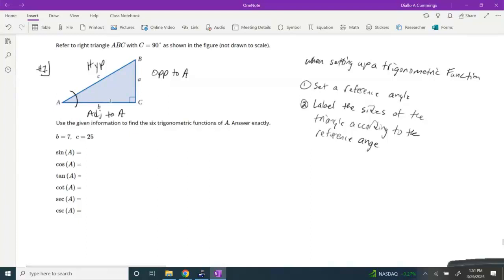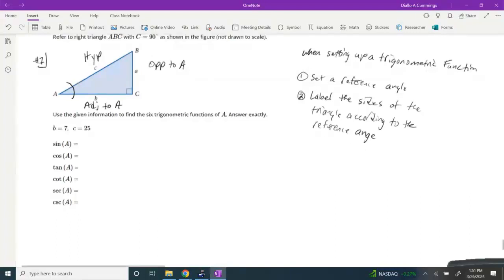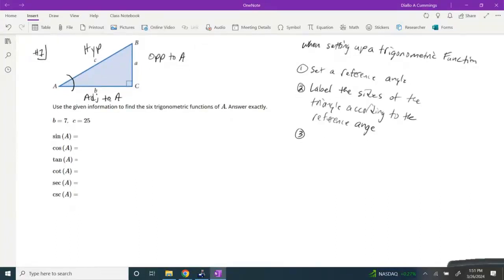All right, so whenever you set up a trig function, first thing you do is set a reference angle. Next thing you do is label all the sides. And then the third thing we want to do is find all side lengths. So now they gave us 2. They gave us that B was equal to 7 and C is equal to 25.